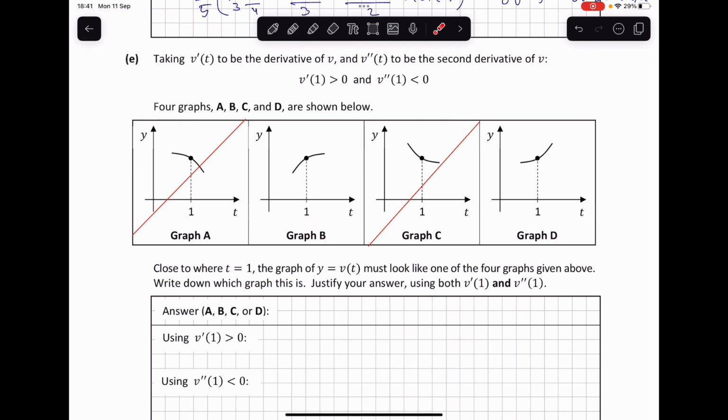So v double dash of 1 is less than 0. What that means is that the acceleration itself is decreasing.